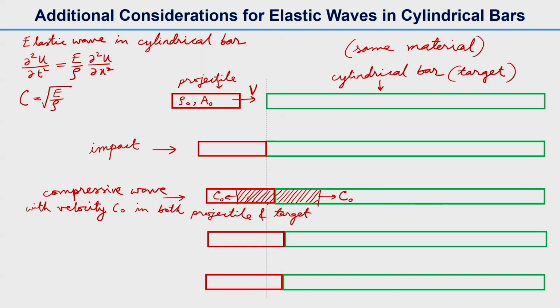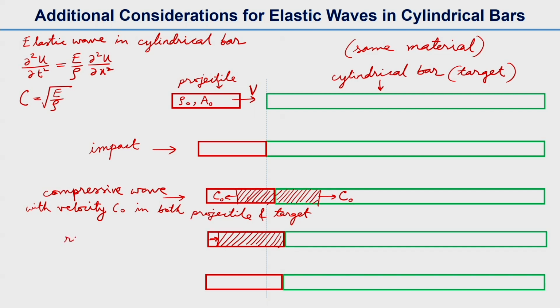So now after some time it will propagate more, and in the projectile bar the wave will reflect at the free surface, this surface, and then return back. It will reflect back with the same velocity.